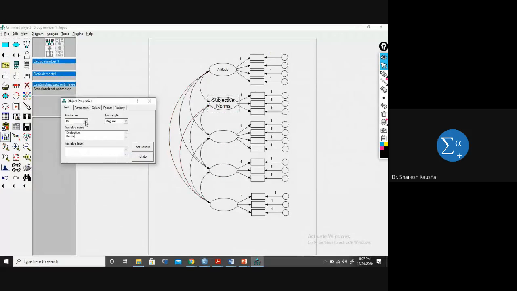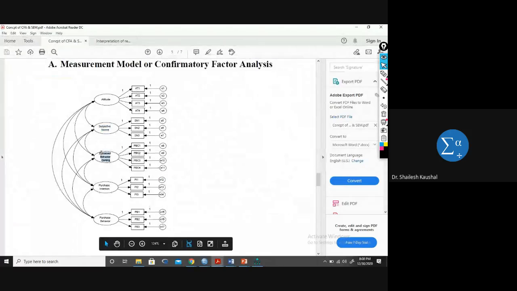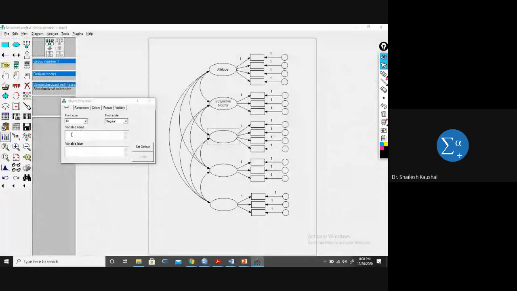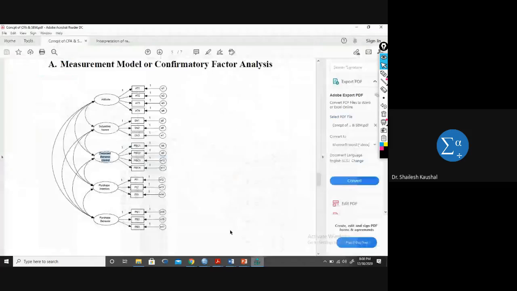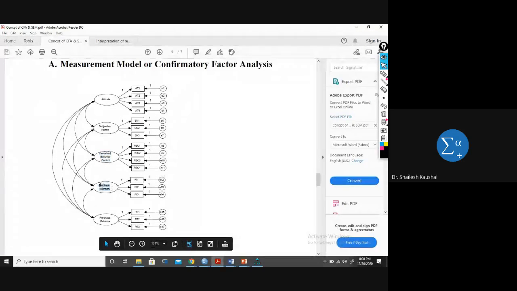Third, copy and paste, and then the third, purchase intention.